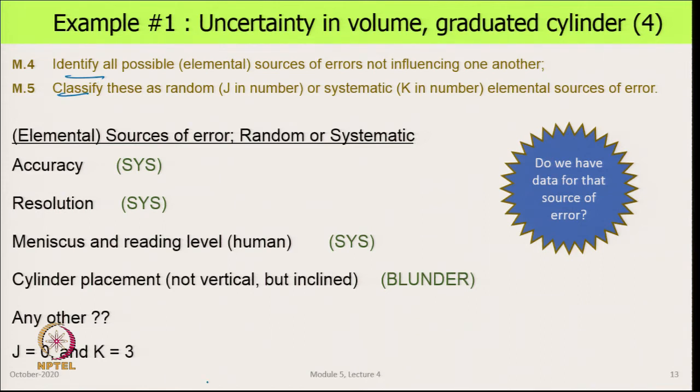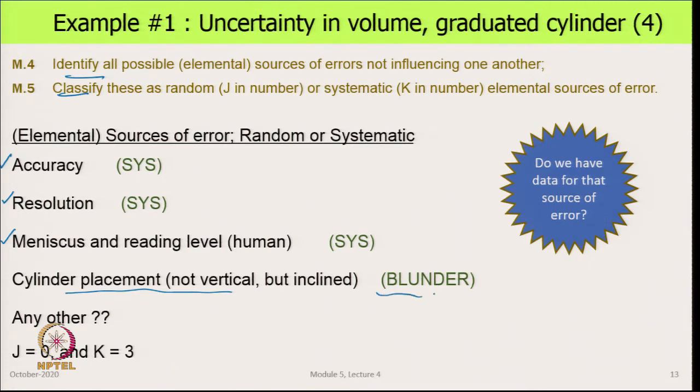Here I have listed some. We said there is accuracy, that is one source of error, the resolution, which is the markings, the meniscus and how the human being reads it, that is another one. And we could ask, what if the cylinder were not vertical but inclined?